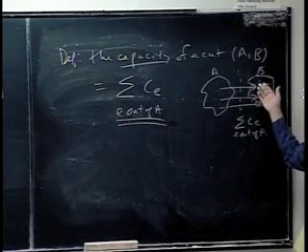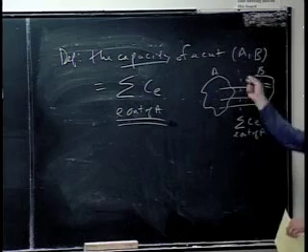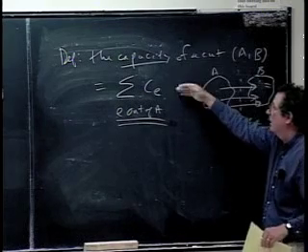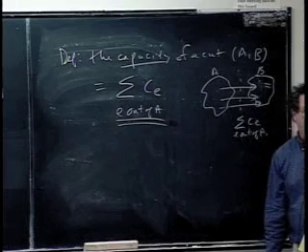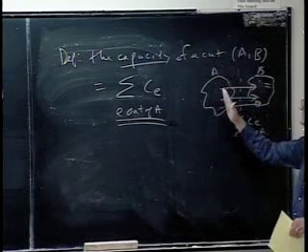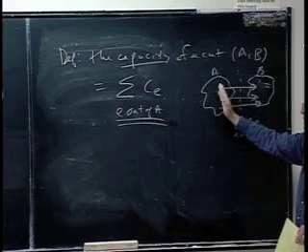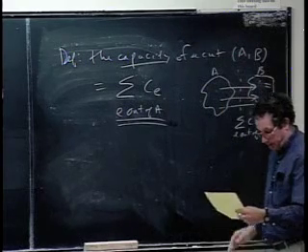There may be edges that go from B to A. And one is tempted in this definition to subtract off the capacity of these edges that go the other way. But that's not what this definition says. The definition only counts and sums the capacities of the edges that go from A to B.